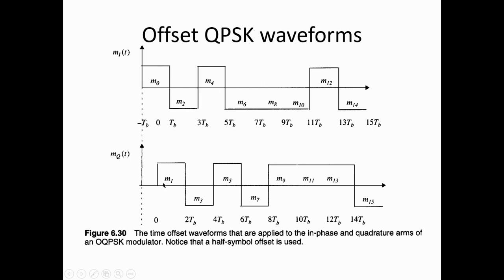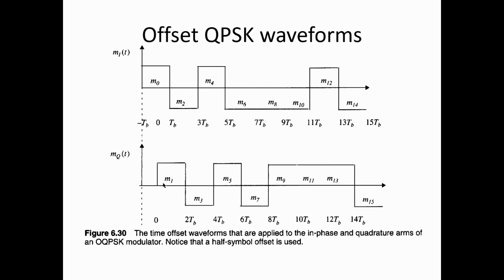To compensate the nonlinear effect, we must reduce the 180-degree phase shift to a 90-degree phase shift. To do this, we are creating a delay in the quadrature phase component. We are deliberately delaying, and that delay is called an offset. Because of this, the system is called an offset QPSK system.